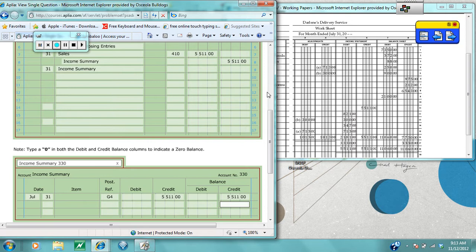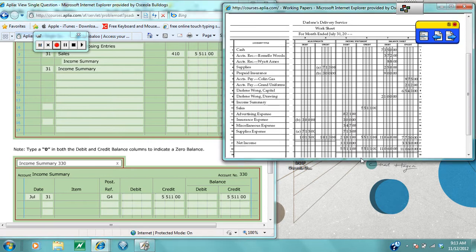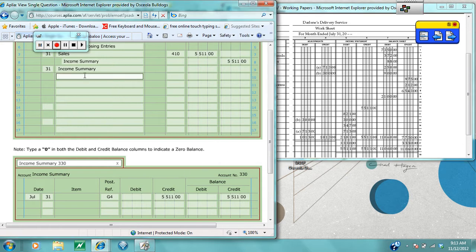Okay, now all these expense accounts right here, they get closed out into income summary. Income summary will be our debit. These have to be credited to close them out. So in order to close them out, you have to credit them. So here we go.